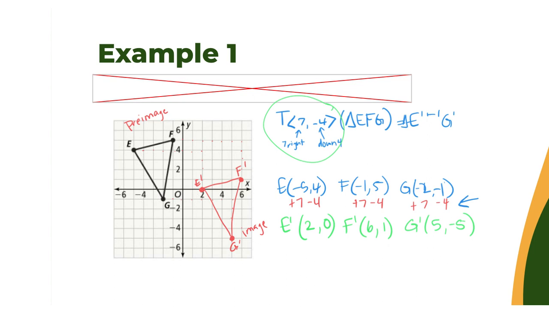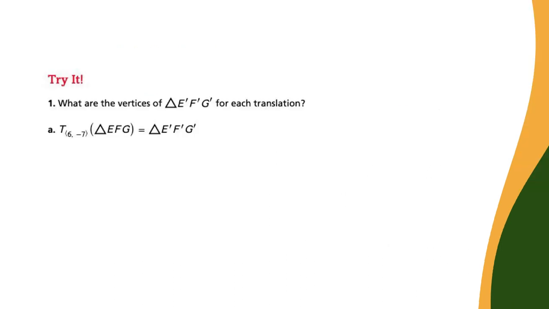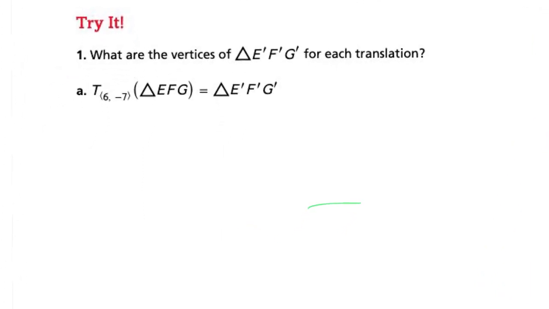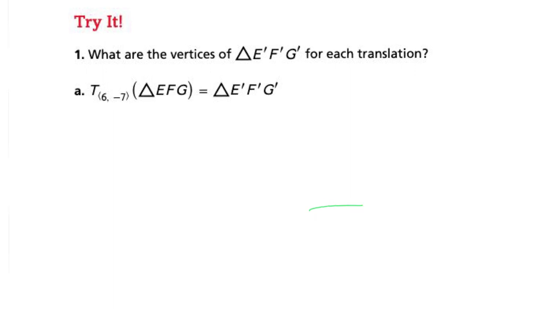Okay, so now you guys are going to try an example. Why don't you try it by yourself? What are the vertices for each translation? You're going to need to know your original points here.